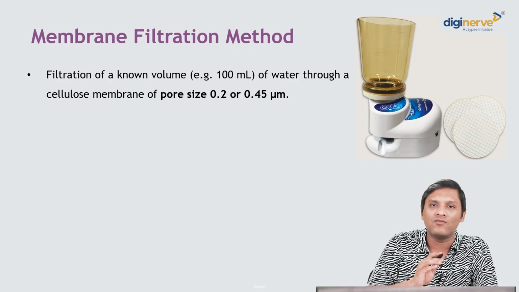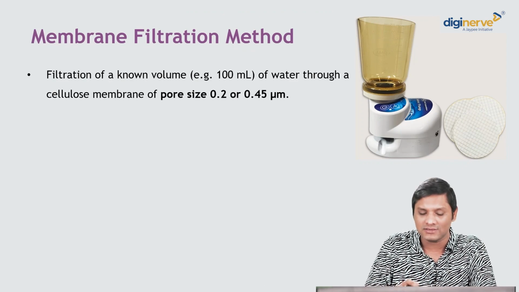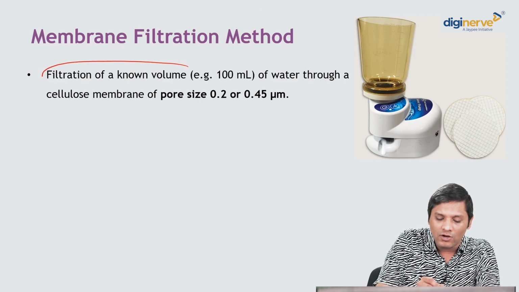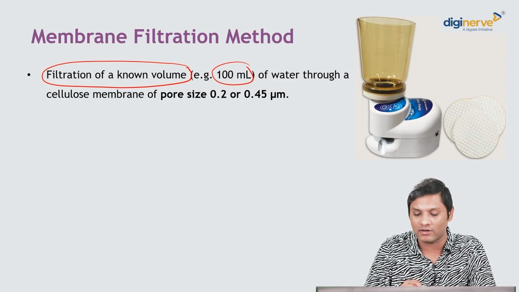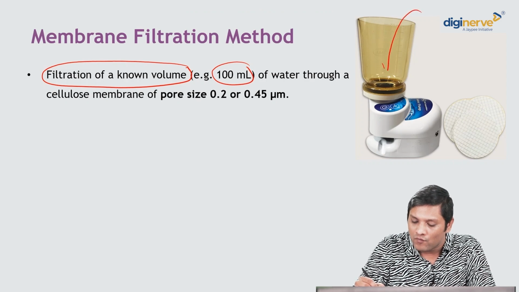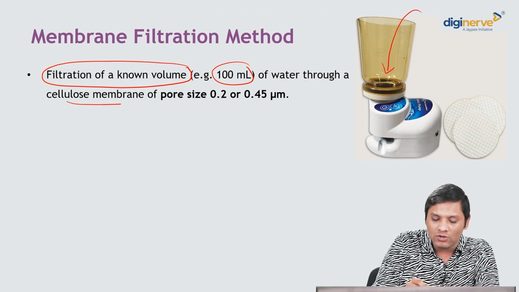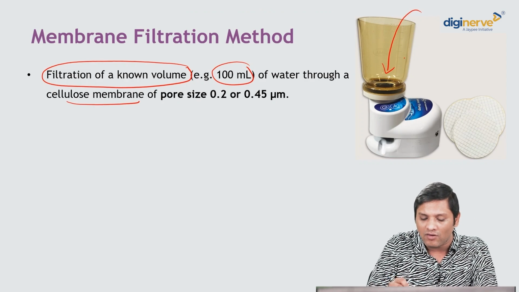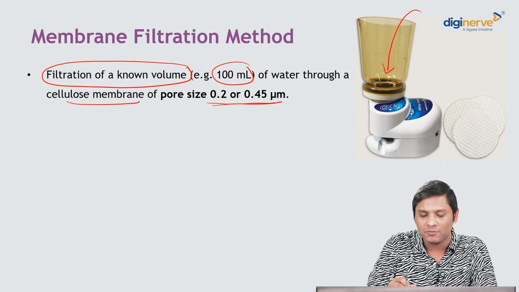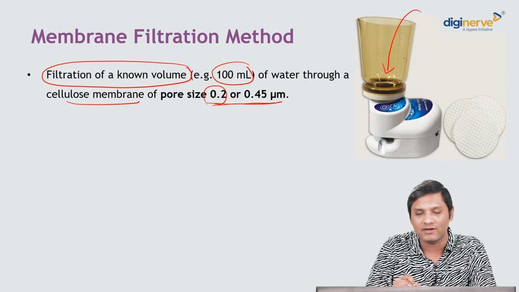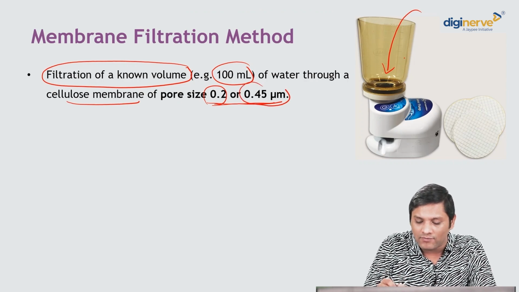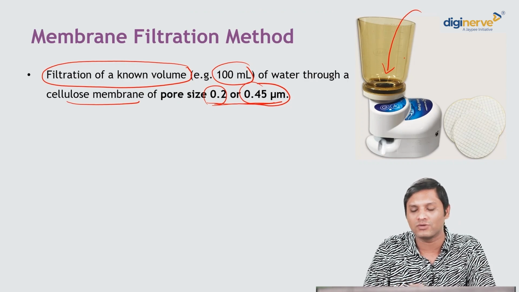Here, a known volume of water, for example 100 ml, is filtered through a cellulose membrane filter. Various pore sizes can be used. 0.2 micron is the bacterial filter you can use, or even 0.45 micron.